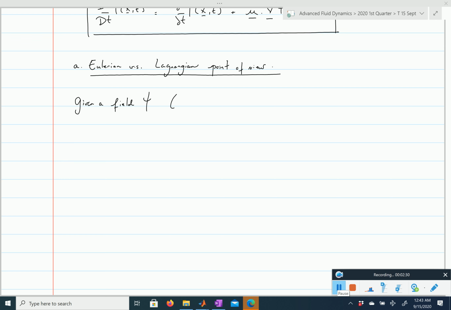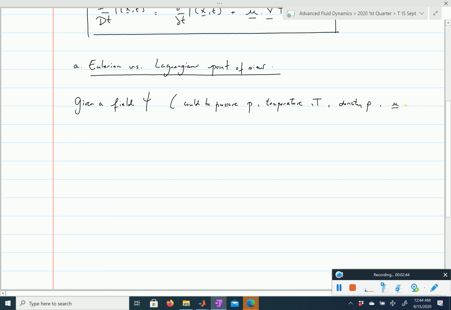I'll give it a generic name, but this psi could be pressure, temperature, density, or even a vector field, like the velocity field. I'll use psi, but it could be anything.